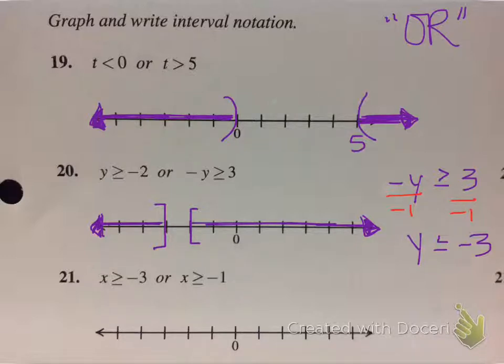Now let's look at the last one, greater than or equal to -3. Shaded to the right. And then we have a greater than or equal to -1. So that seems kind of strange, but I'm going to do it in a different color so you can see it.